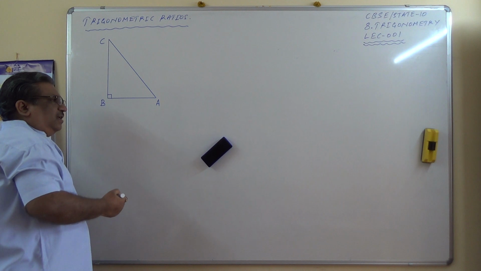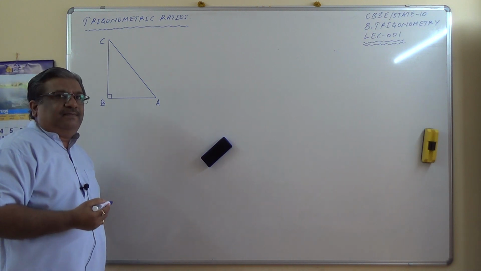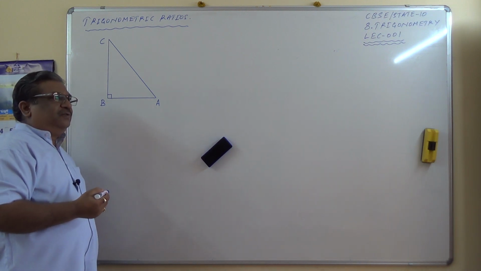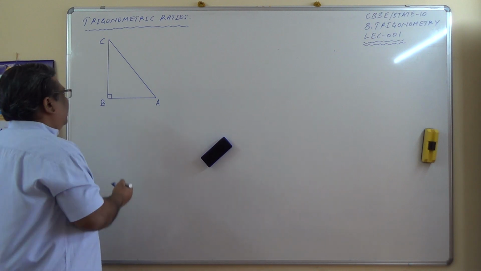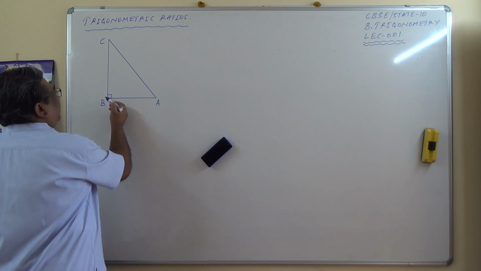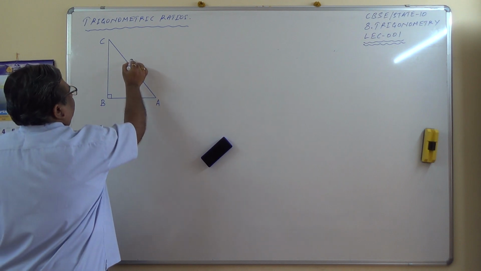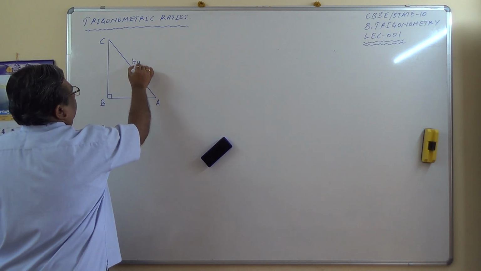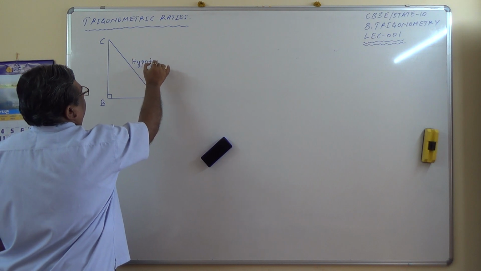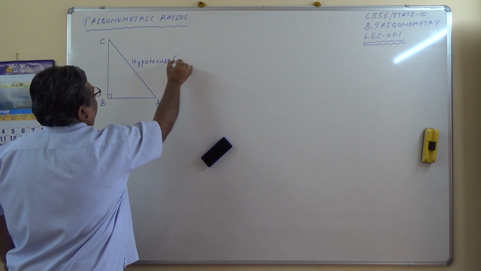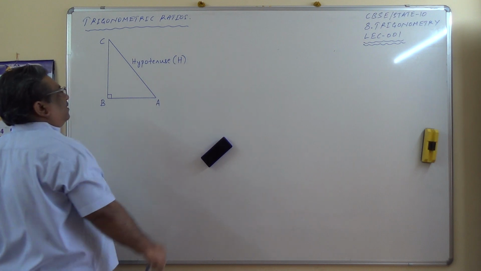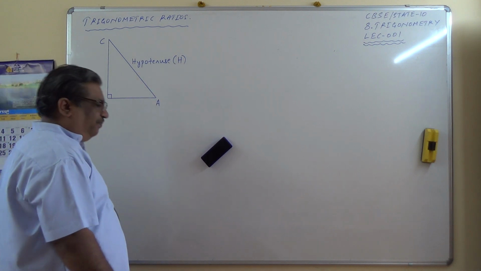Hypotenuse is the largest side of a right triangle and it is opposite to the right angle, and therefore opposite to B, the side is AC, and AC is called hypotenuse. Let me represent it by capital H.